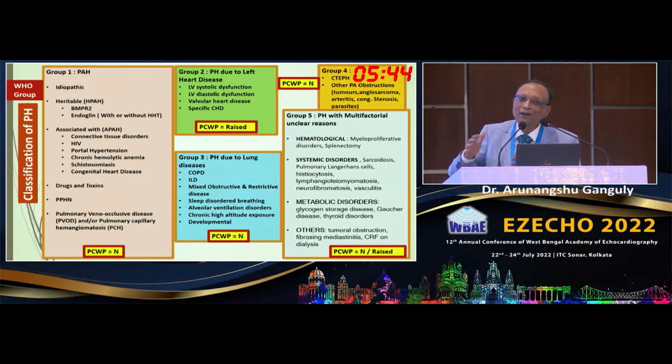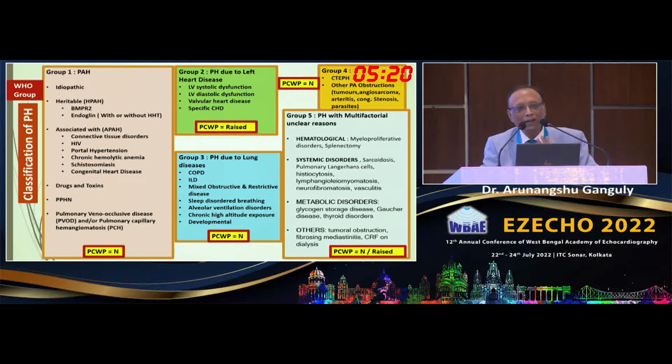In intervention, we call them post-capillary and pre-capillary. So, group 1, group 3 and group 4 are essentially pre-capillary, that is pulmonary capillary wedge pressure is normal. Group 2 and a part of group 5 have PCWP raised.